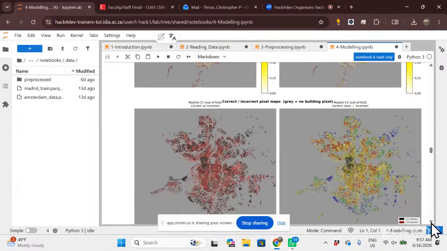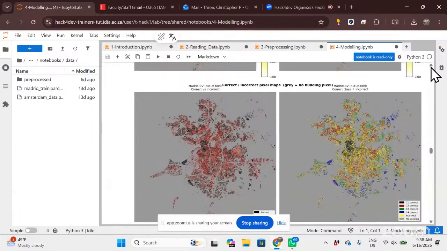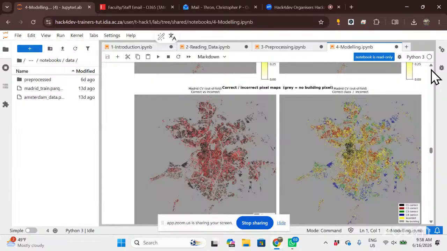Okay. And then this one is plotting the correct pixels and incorrect pixels. Here, the red and black is just marking correct and incorrect. I think black is correct. I don't remember. Black is correct, red is incorrect. So we can see there are a lot of incorrect pixels spread throughout the image.